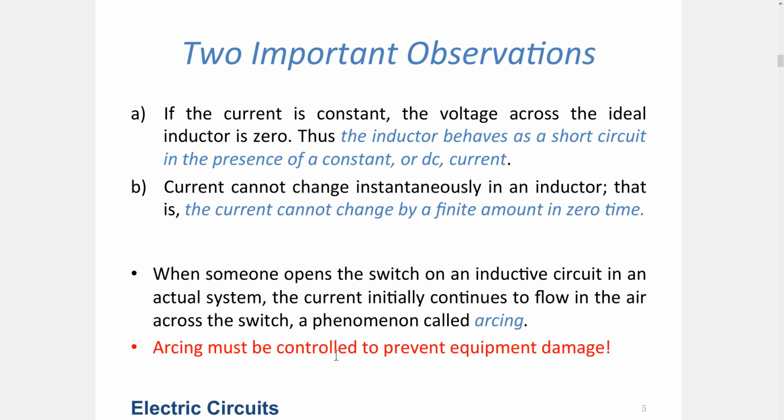Sometimes, if you are in the dark, you can see it. The current initially continues to flow in the air across the terminals, which is called arcing. But this must be controlled. Otherwise, you can get your equipment or your circuit components damaged. Okay.